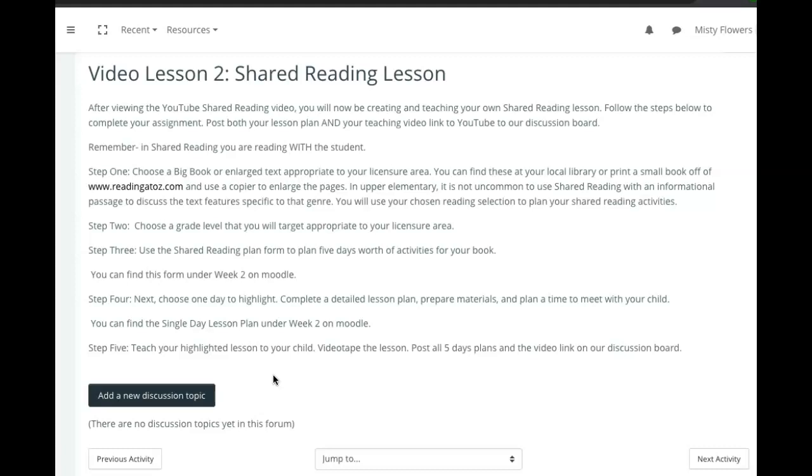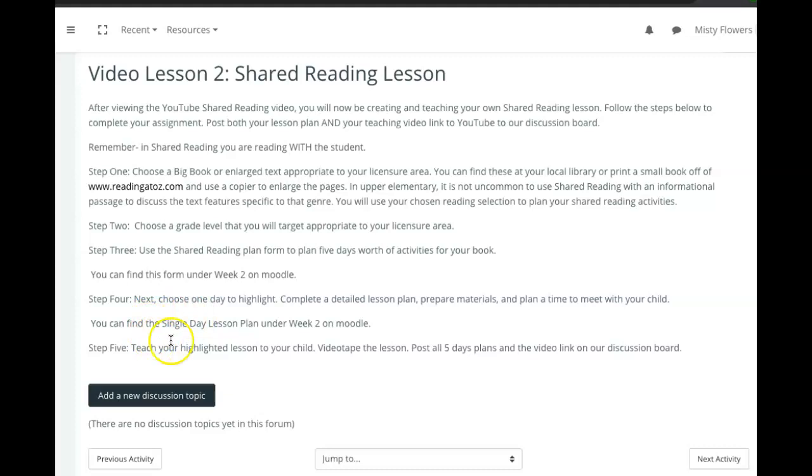So once you have done that, you need to use the shared reading plan to plan 5 days worth of activities for this book. That form you will find in week 2 on Moodle. Then you're going to choose one day to highlight and complete a detailed lesson plan, prepare materials, and plan a time to meet with your child.